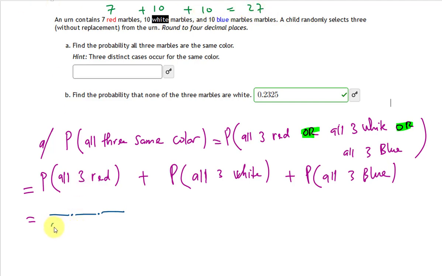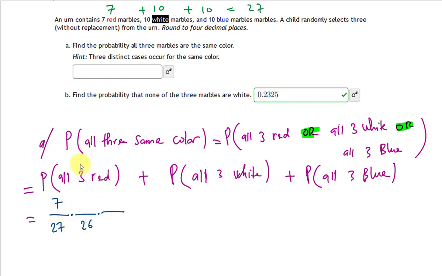So out of 27, you want the first marble to be red. Red, we have 7 choices out of 27. Now, because we do not put the marble back into the urn, you have only 26 left inside.